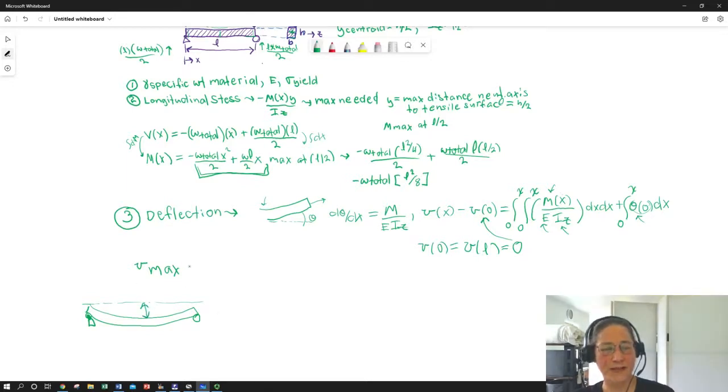So from the standpoint of a corner of the box design, we really only need to know what the deflection is at the x position of maximum deflection.